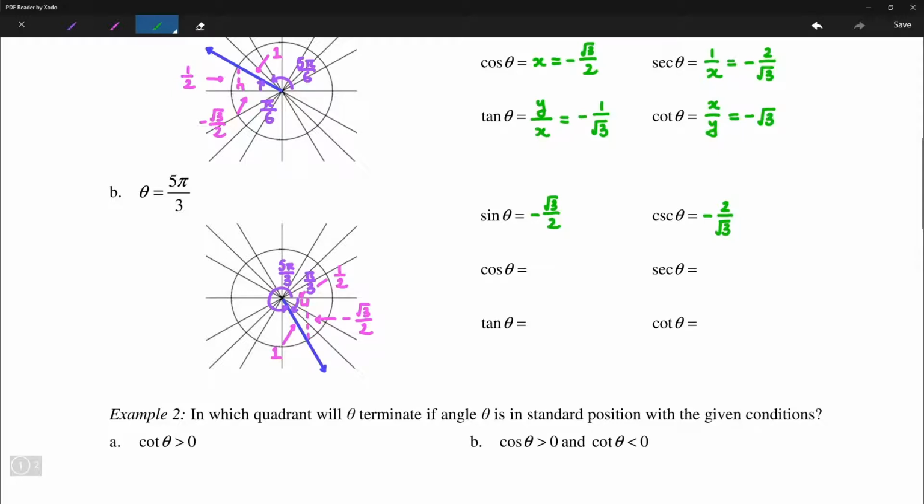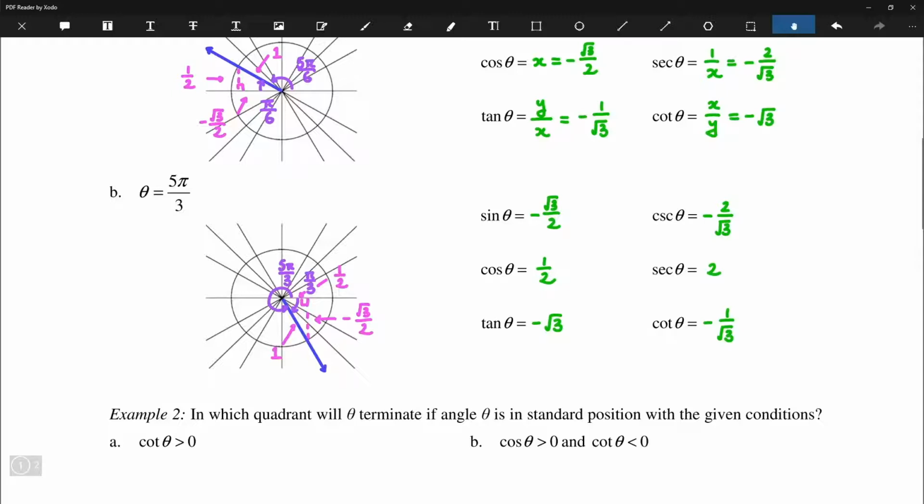These will be positive, so in this case 1/2 and 2 respectively. And finally, the tangent and cotangent ratios will be negative, and the first will be negative √3, and cotangent theta in this case will be negative 1 over √3.